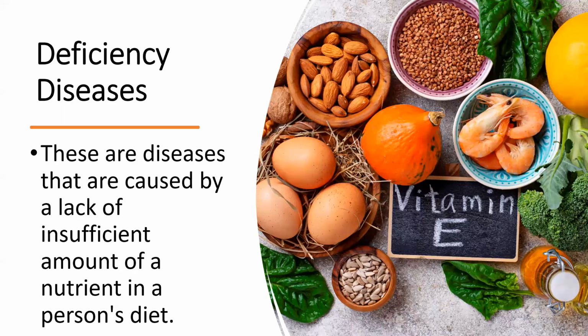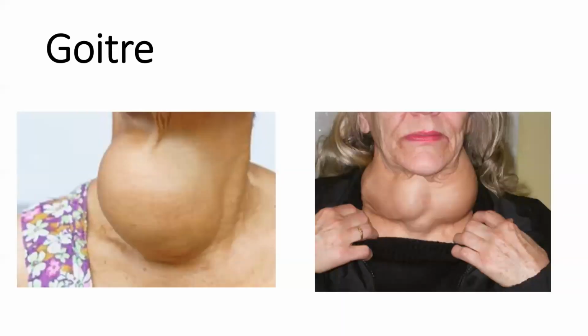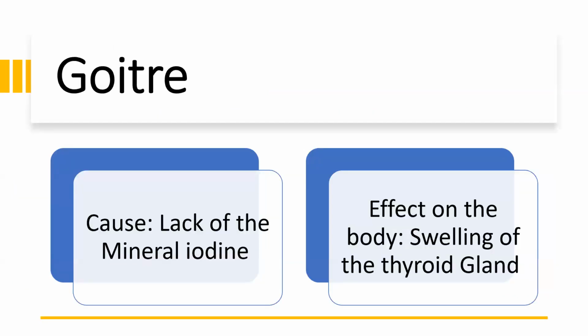A deficiency disease is when you lack a nutrient, whether it be vitamin A, vitamin B, whatever. This one is goiter. Which nutrient do you lack for goiter? Iodine. Very good. The effect is it causes the swelling of the thyroid.